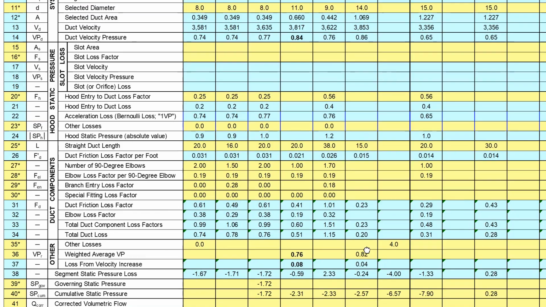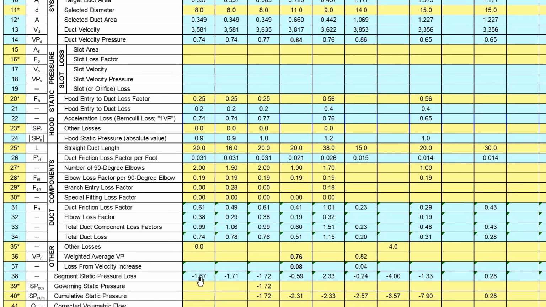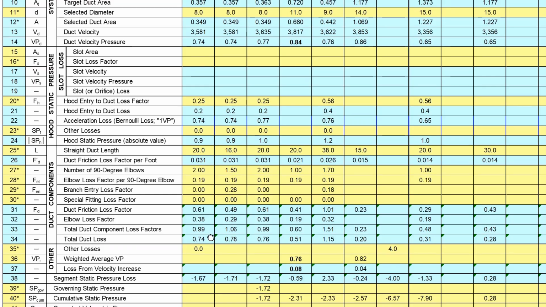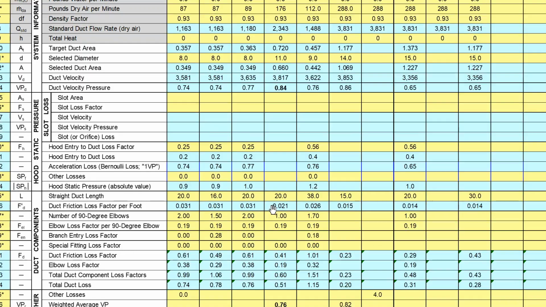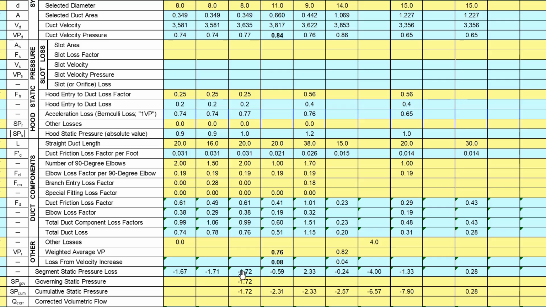So if we come over here and we take 1.71 divided by 1.67, and then take the square root of that value and multiply it times 1250 CFM, that tells us that if we increase the flow rate in line 1A from 1250 CFM to 1269 CFM, that will in turn increase our velocity, it will increase our velocity pressure, and it will do so in a way that we achieve a static balance of 1.72 inches of water gauge. We've hit our target static pressure.